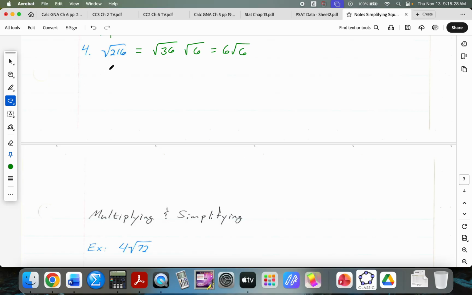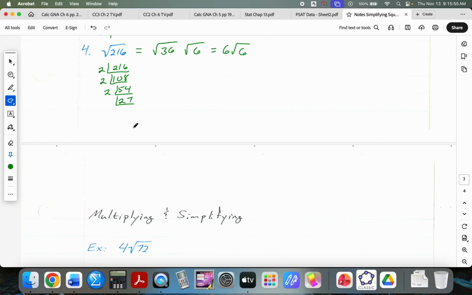Let's do it by factoring it. What do you want to divide by first? 36? No, it has to be prime factors. 2. All right, 2, that's 108. Once I divide by 2, I'm going to keep dividing by 2 until I can't do it anymore. That's 54. 2 into 54 is 27.